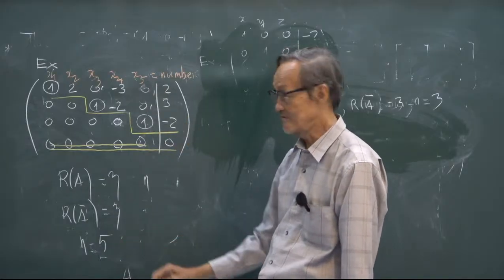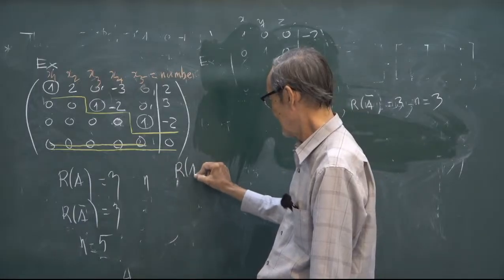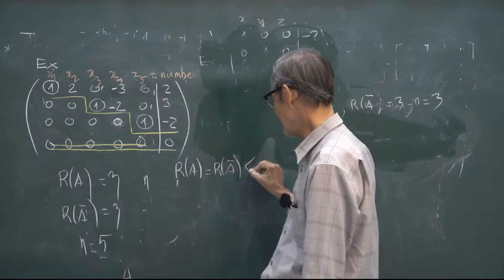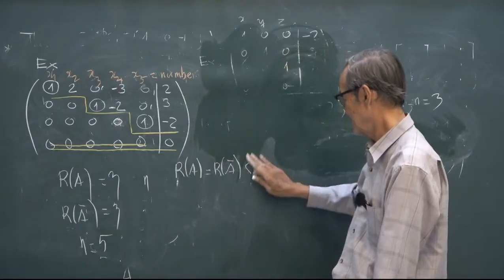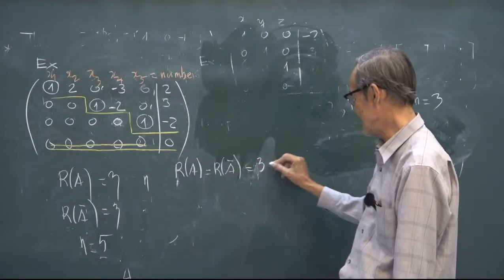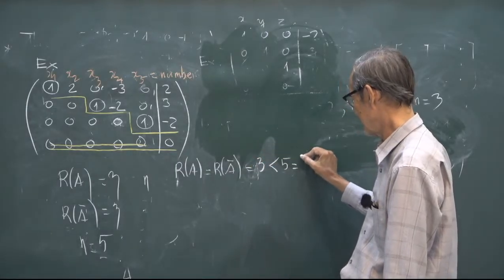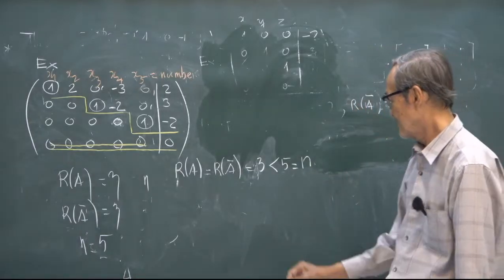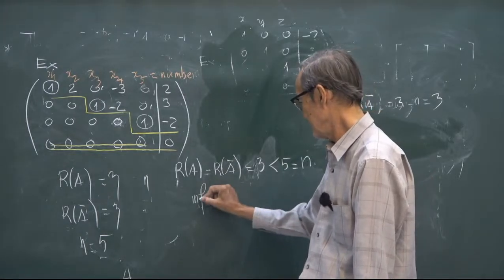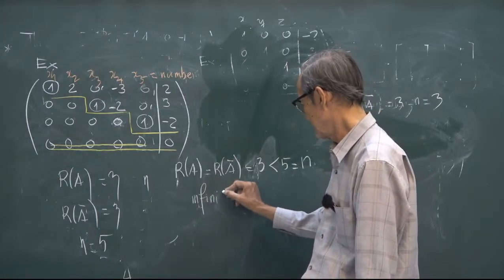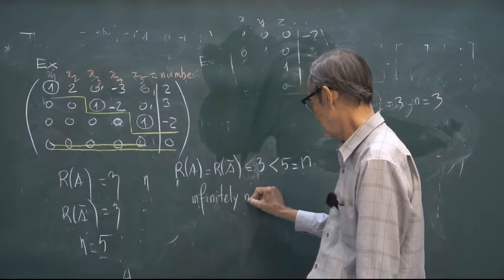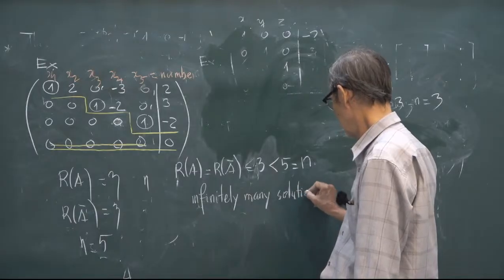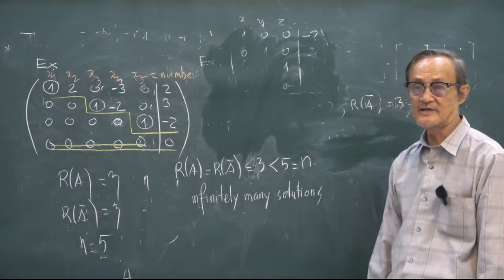Rank A equals rank A upper bar equals 3, less than n equals 5. So we have infinitely many solutions.